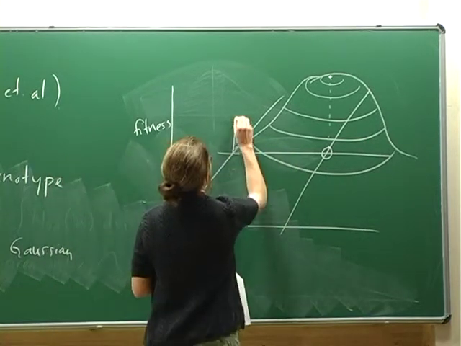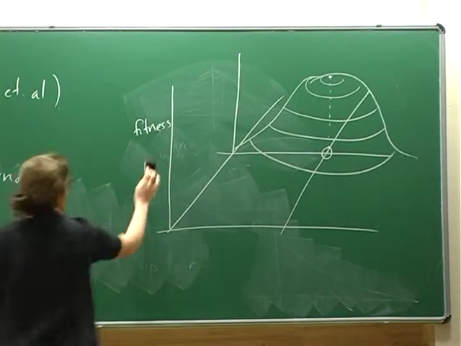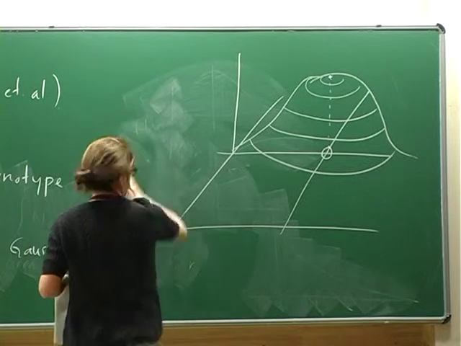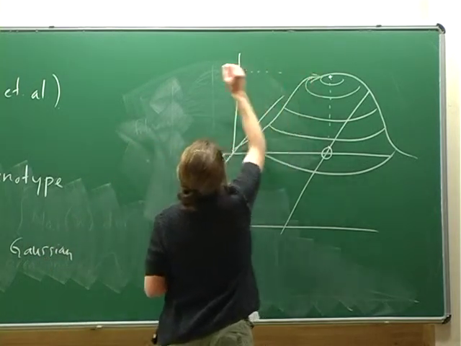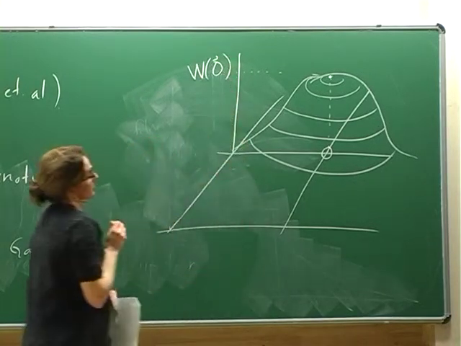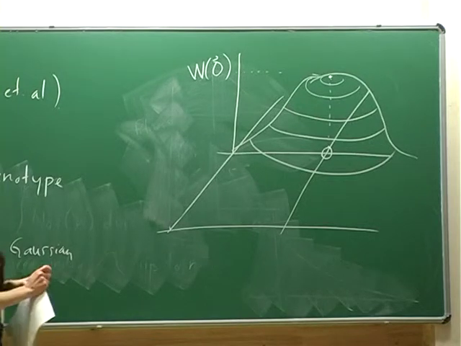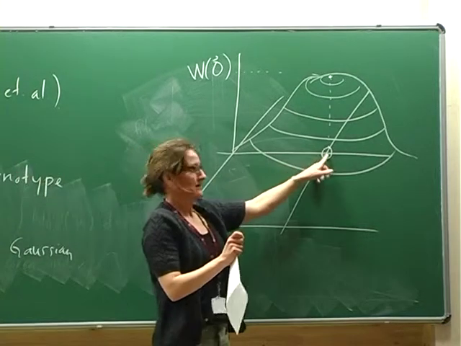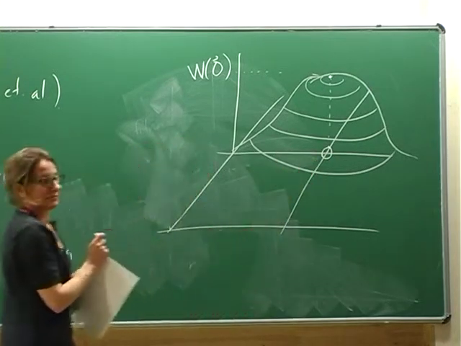I guess I should put the fitness axis up here. So this height is the fitness of the origin, and without loss of generality, as we like to say in math, we're just going to say that the optimum occurs at 0. So we're just going to shift the axes. So the optimum occurs there.